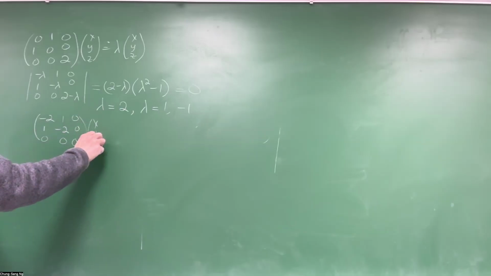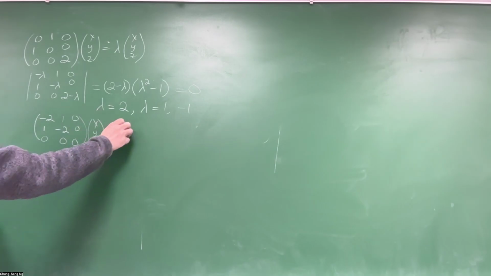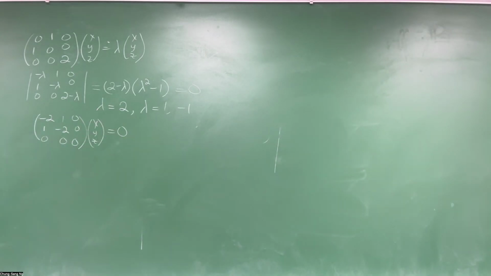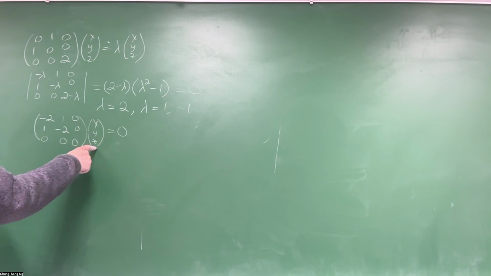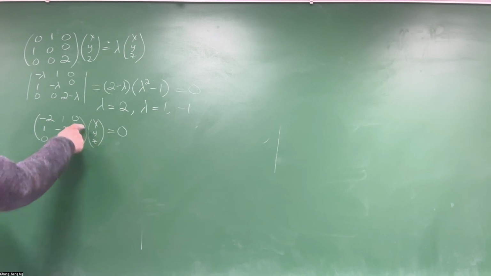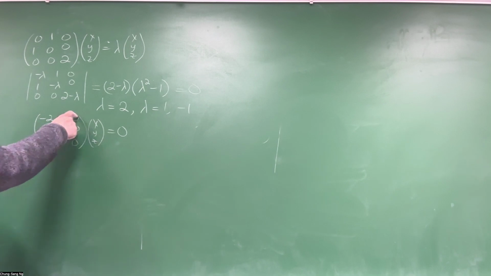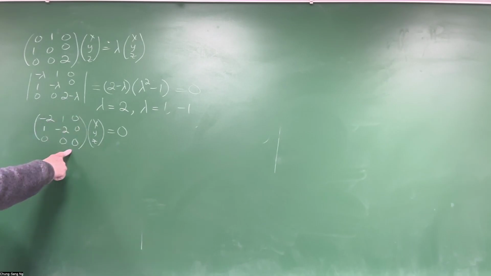Solving for an eigenvector means solving this equation. Obviously that can be solved easily if we just set x and y to 0 and z equals 1, because nothing is multiplied by z; the whole third column is 0.